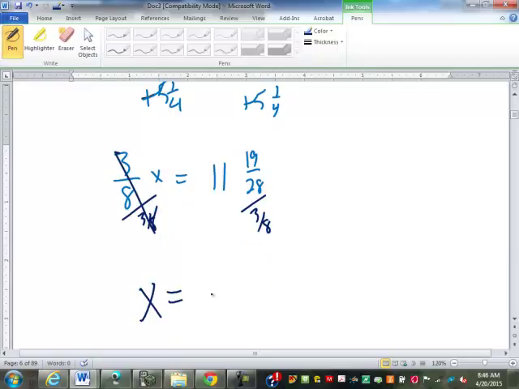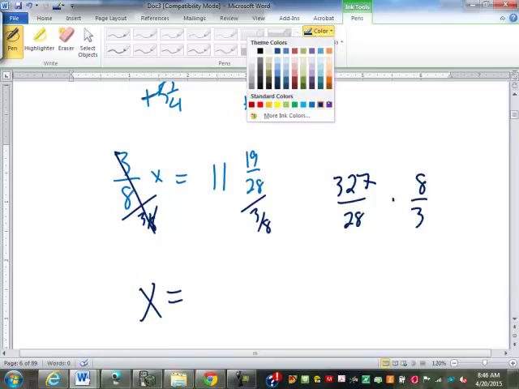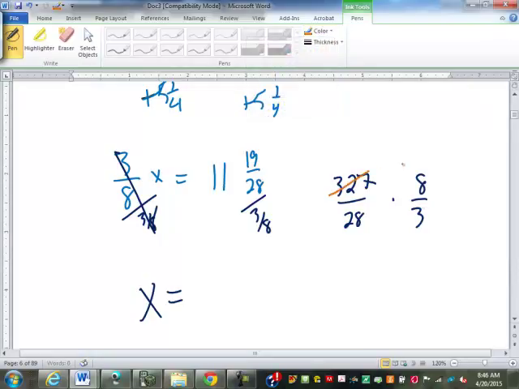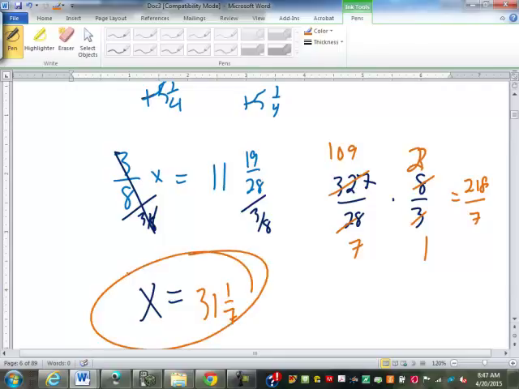So how do we do this? So we can cross cancel the 327 and the 3 to get 1 and 109. 8 and 28 to give me 2 and 7. So this is 218 over 7, which is 31 and 1/7. See how easy that is?